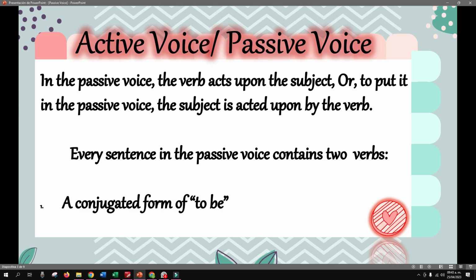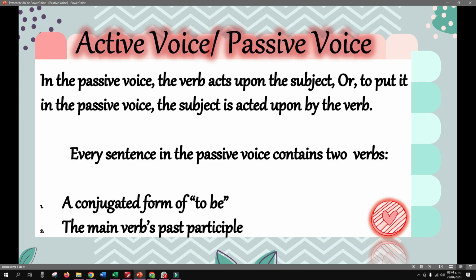A conjugated form of to be, that would be in present or in past, right? Is, are, was, were. And also the main verb. You're going to use, guys, the past participle again when we have the passive voice, right? So the subject is acted upon by the verb in that case.